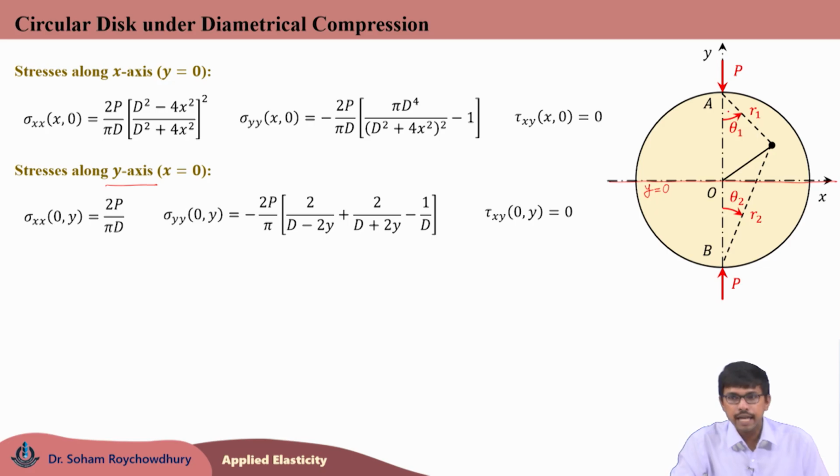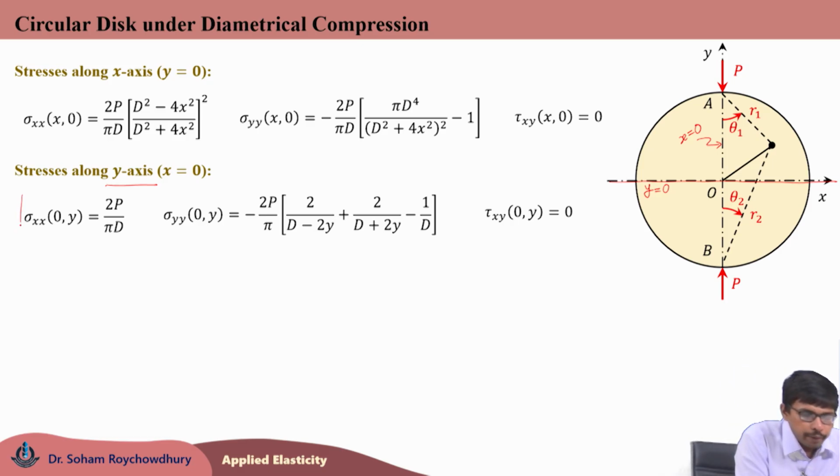So, along the y axis, which is defined by the x equals 0 line, substituting x equals 0 in the general stress distribution equations, we would get sigma xx at 0 comma y to be 2P by pi D.